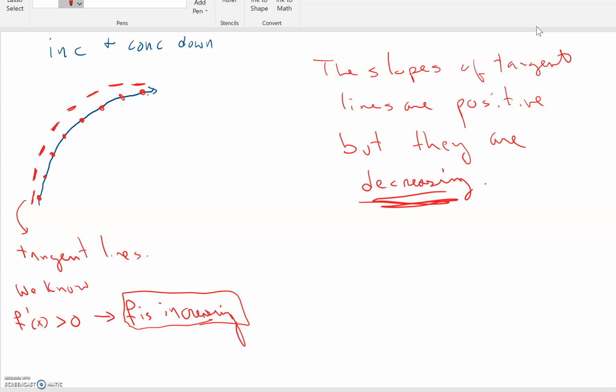So if I associated an actual value to each of these slopes, maybe this one would be like positive 20, and maybe the slope of this little line would be like 10. And then by the time I get over here, the slope of this piece might be like 1, or even smaller. It looks more like 0, really. So these slopes are positive but decreasing. Like 20, 15, 10, 1 as we move along.